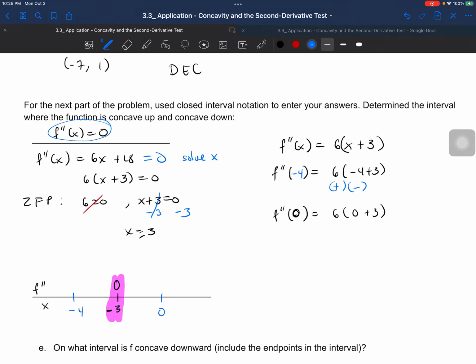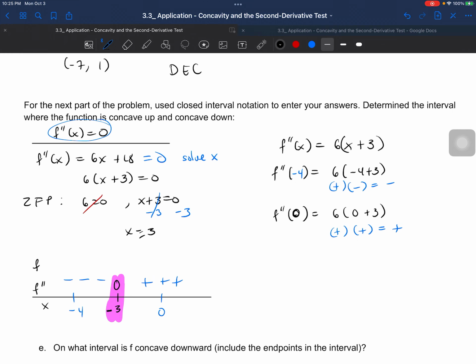This will be a positive times negative 4 plus 3. That's a negative number. Positive for 6 and 0 plus 3 is also positive. So that's a positive. So we have negative, negative, negative, positive, positive, positive.